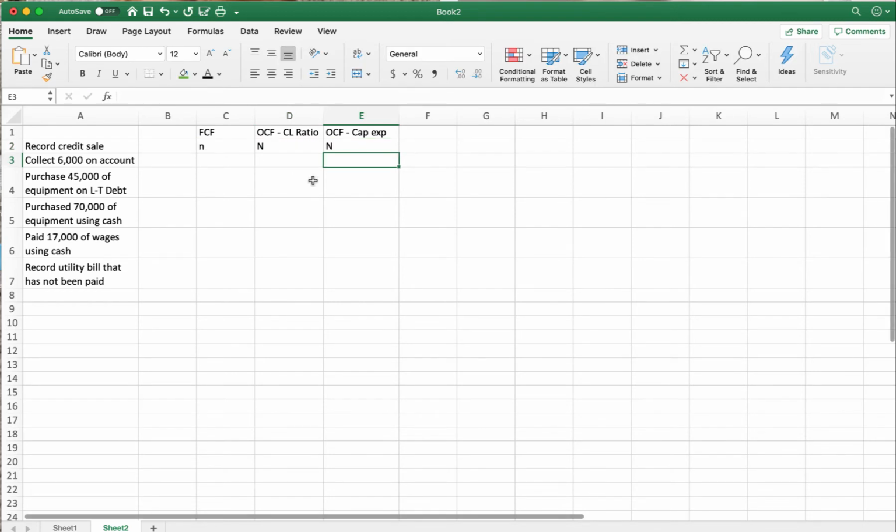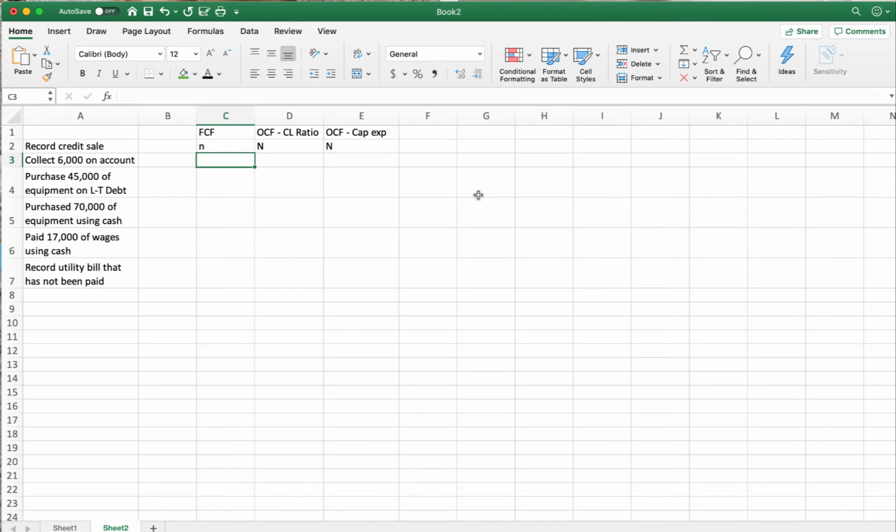Okay? The next one we need to look at is collected cash on account. Specifically, the book says collected $6,000 owed from customers. So this means that our accounts receivable is going down. We are decreasing our accounts receivable. Will that have an impact on free cash flow? Well, yeah, it will, right? Because think about it.